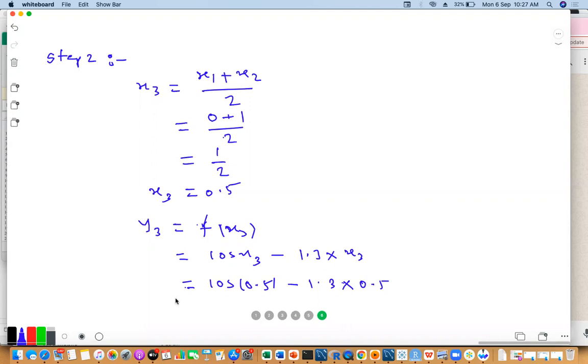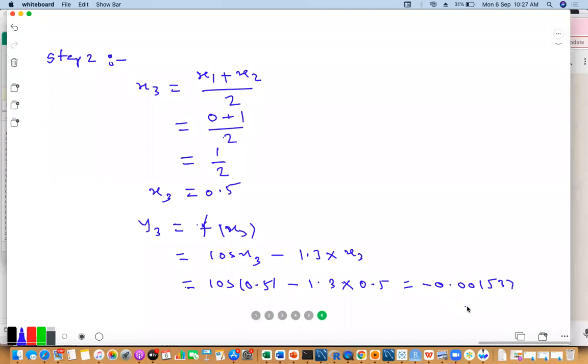Now just calculate what is cos of 0.5. Cos of 0.5 minus 1.3 into 0.5 is equal to minus 0.00153. What is this?